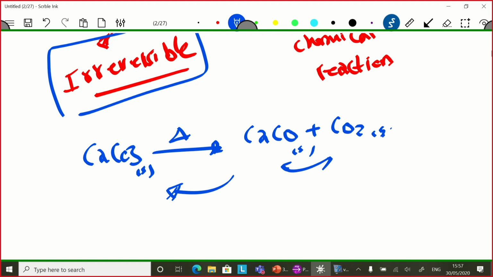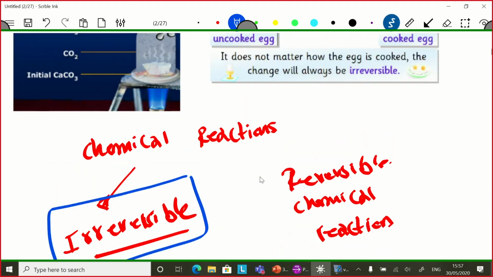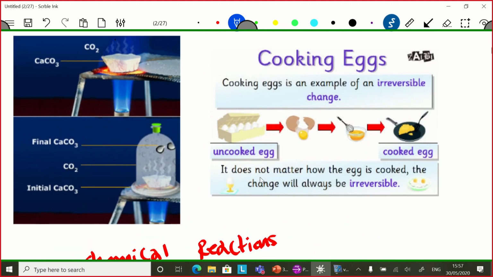So the reaction is only in one direction. This is pretty much similar to this silly example that we're showing here. If you're cooking an egg, you break it down and you make the egg. Whatever changes happened, you cannot bring it back, and we call this an irreversible reaction.